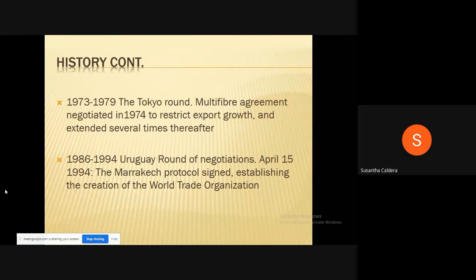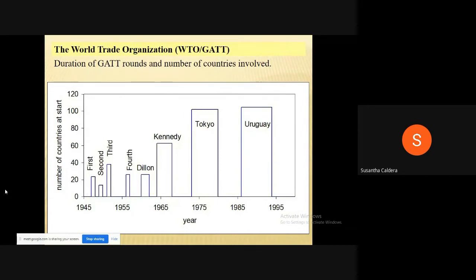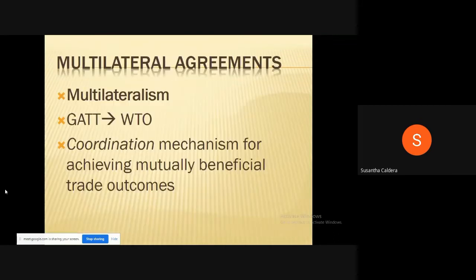Then April 15th, 1994, the Marrakesh Protocol signed establishing the creation of the World Trade Organization. Right? The diminishing of the GATT and the creating of World Trade Organization. Right. මේ තියන්නේ අර මේ ගාට් ඩවුන්ස් ටික මම නිකන් දීලා තියෙන එක එච්චර උගන්ට ඉම්පෝටන්ට් නෑ.